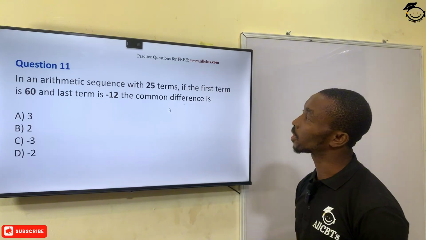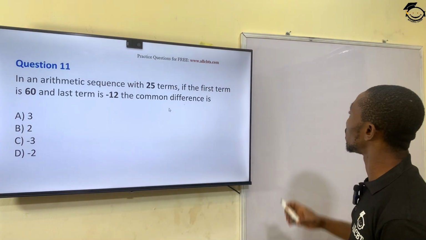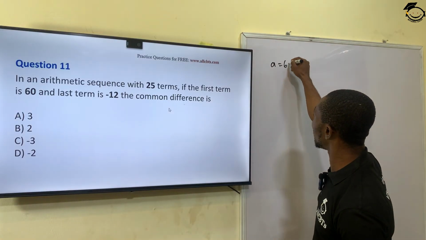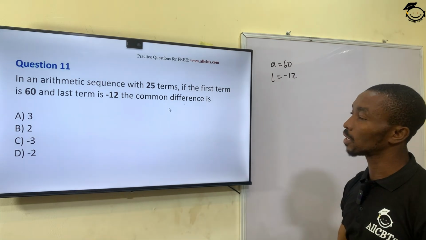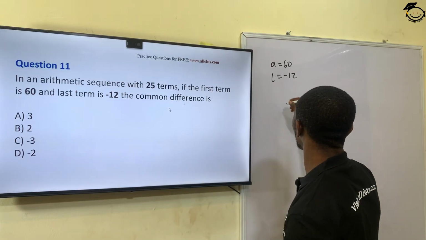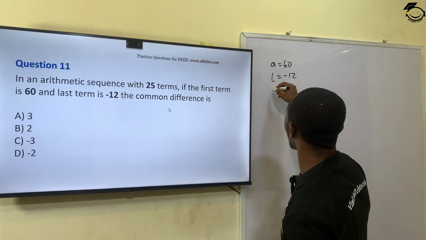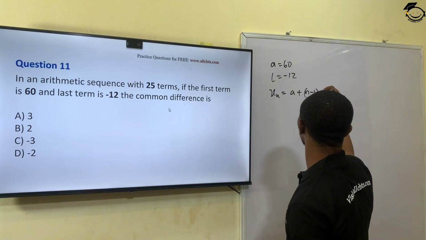In an arithmetic sequence with 25 terms, if the first term is 60, that means our a is 60, and the last term, L, is minus 12. It says find the common difference. Now, for us to find the common difference, we'll be using the formula Un equals a plus n minus 1 d.